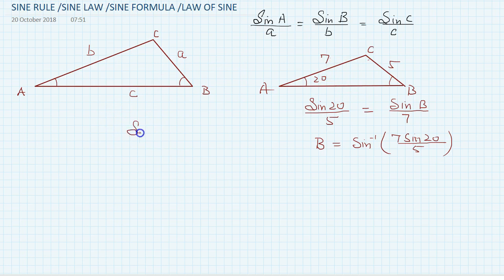Our formula is sine A over A is equal to sine B over B. So in this relation, we have 4 unknowns, so we must know at least 3. Suppose we know these 2 angles and just one side, then we can calculate the third side.